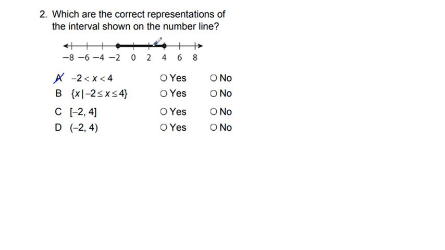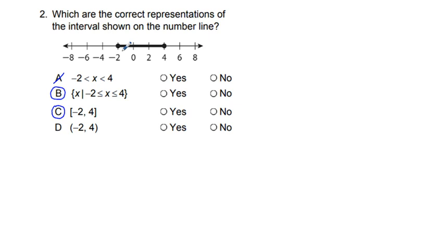And less than or equal to 4, is that correct? Yes. And next, in interval notation, bracket between -2 and 4, is that correct? Yes, the bracket is equivalent to the point on each end of the interval. So C is a correct answer.